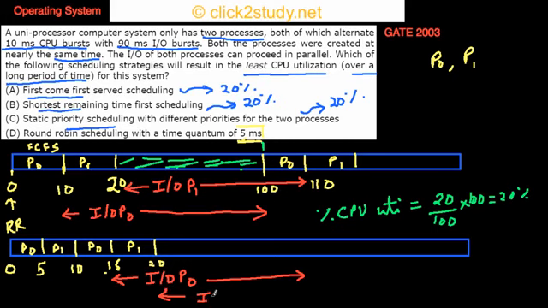This will go on for another 90 milliseconds. So when will the IO of P0 finish? 90 milliseconds from here, that means at 105. And at 110 the IO for P1 will finish, because 90 from 20 will be 110.